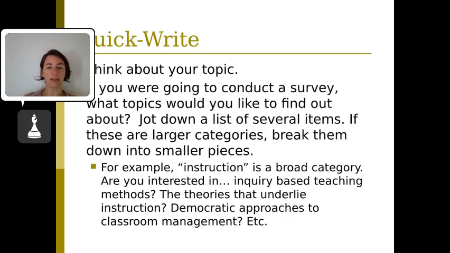Are you interested in inquiry-based teaching methods? Are you interested in the theories that underlie instruction, right? So if you're interested in equitable bilingual instruction, what does that look like? What aspects of that are you interested in? If you're interested in teacher beliefs, what does that look like? Write down what aspects of teacher beliefs, or teacher beliefs about what.